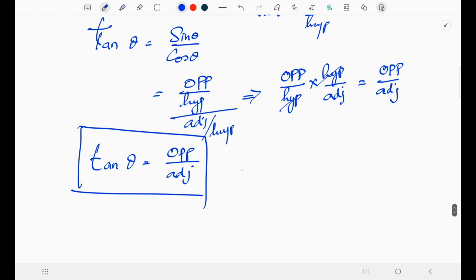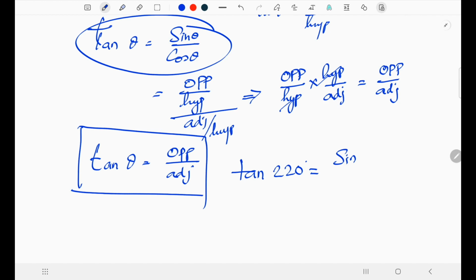For example, if you want to find tan of say 220 degree, which equals sine. Already we have seen sine and cos, right?